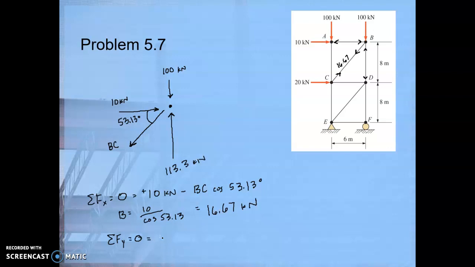So if we sum the forces in the y direction, that's going to include our positive 113.3 kilonewtons minus 100 kilonewtons, and then also minus the vertical component of BC, which is going to be 16.67 kilonewtons times sine of 53.13.